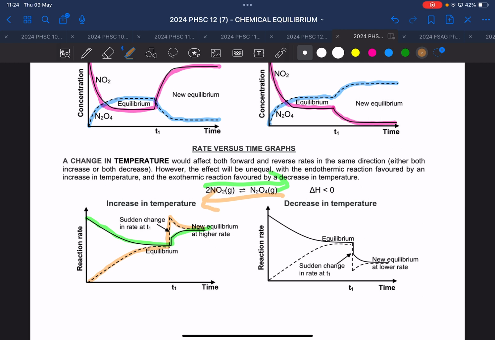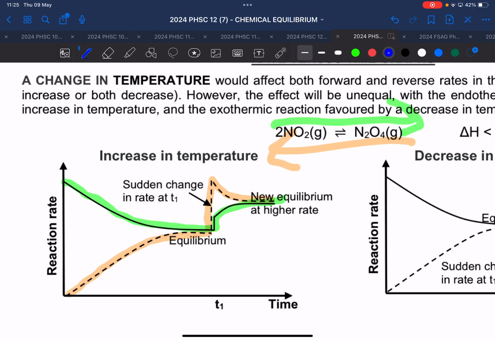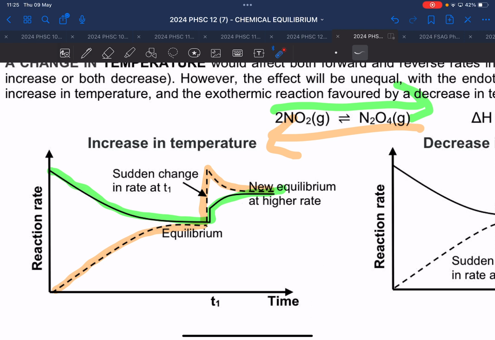If we increase our temperature, will the forward or backward reaction be favored? The backwards one, because it's our endothermic reaction. So our brown reaction will be favored. You can see this, right?